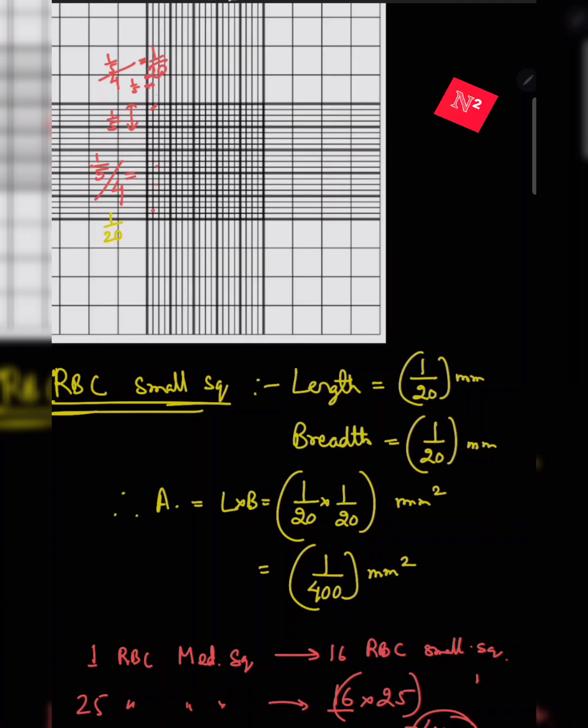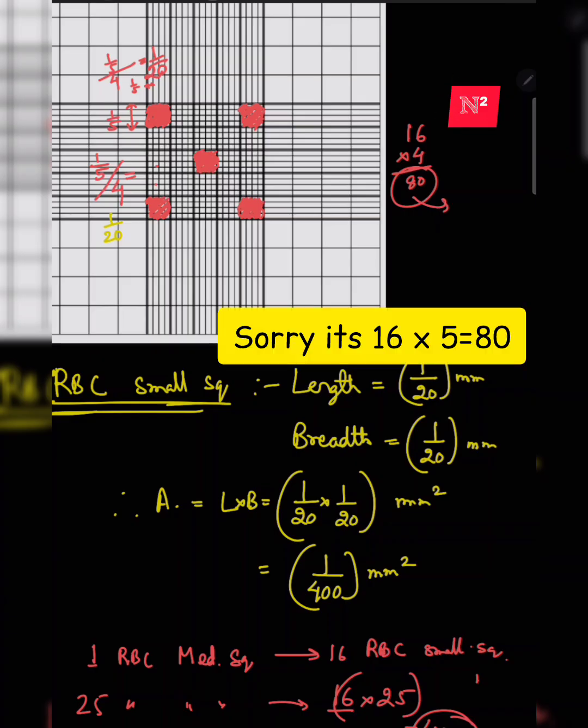Supposedly you are counting the four corners, strategically taking the four edges of the volume distribution in the RBC grid, and also taking the very central medium square, then it's a little bit possible to count, because now you are counting not 400 but 16 times 5, that is 80 RBC small squares. So from 400 you can just count 80, which is humanly possible.